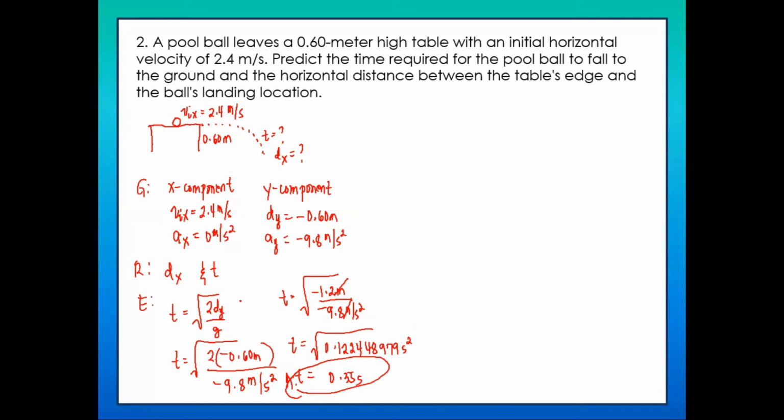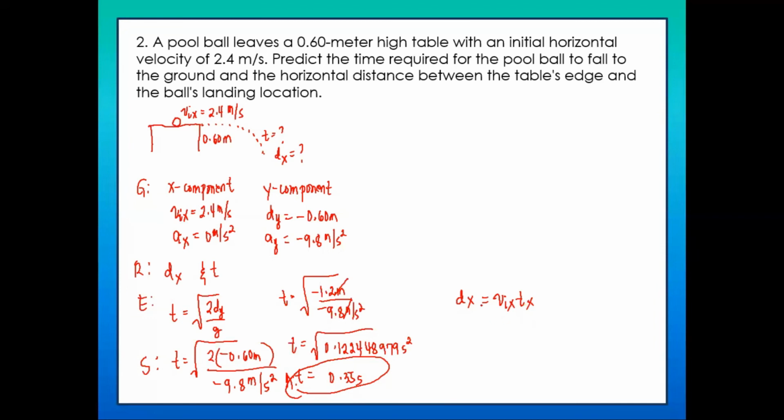Okay? Now, for getting d sub x, yung equation natin dyan is d sub x. So, this is for our solution. D sub x is equal to v sub ix times t. Wala na tayong problema. We can move forward kasi may value na tayo ni t. Okay? To get the d sub x.